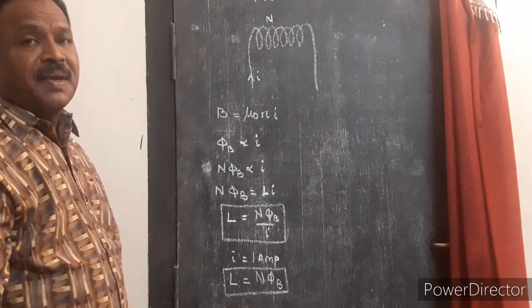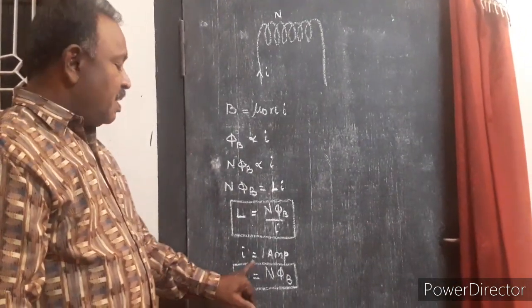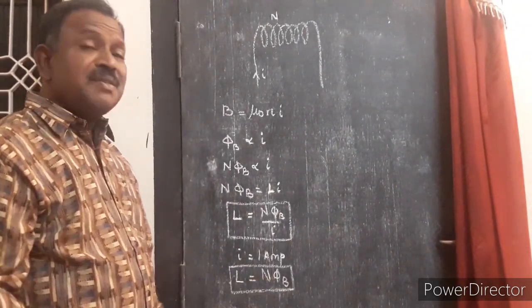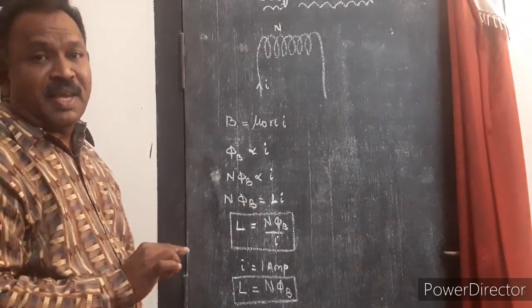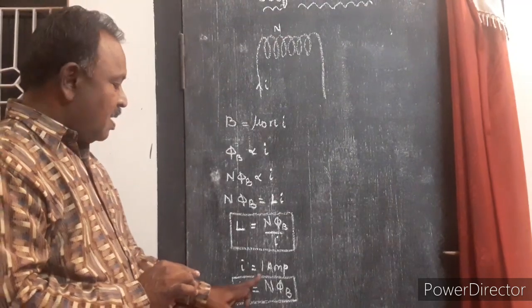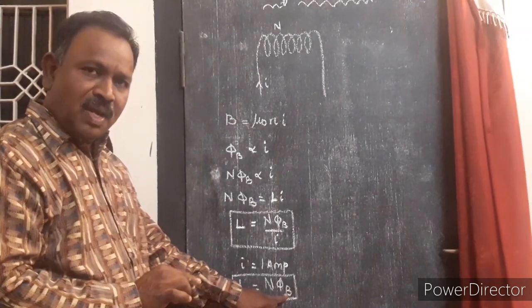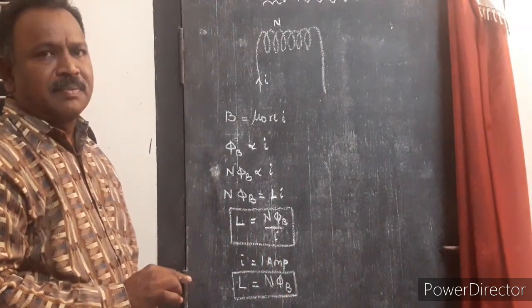Or I can say the self-inductance of a coil is numerically equal to the flux linkage of the coil when 1 ampere of current passes through the coil. Flux linkage measures only the number of magnetic field lines.